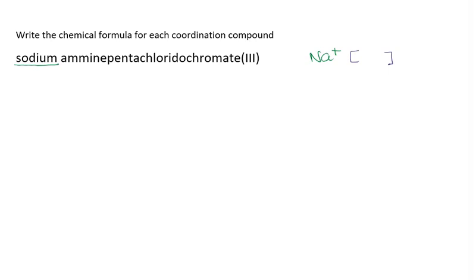So looking at my complex anion, my metal ion is over here. Because the complex is an anion, my metal ion takes on a modified name. Chromate tells me that the metal ion is chromium. The 3 for the Roman numeral tells me that it has a charge of a +3.